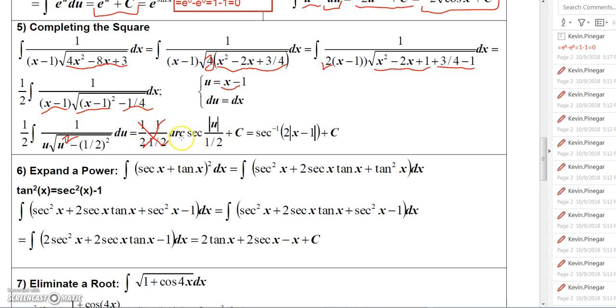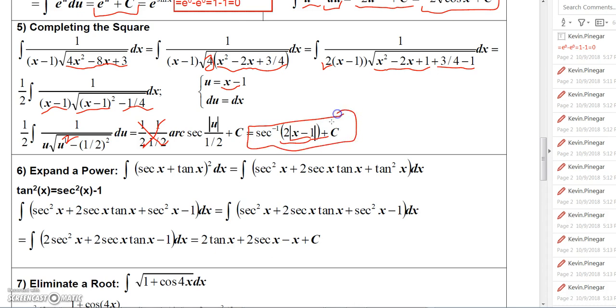So you end up with the arcsecant of the absolute value of u, and since u is x minus 1, we put that in there, and since you're dividing by a half, you could put the 2 back in the numerator. So you get arcsecant of 2 times the absolute value of x minus 1 plus a constant.